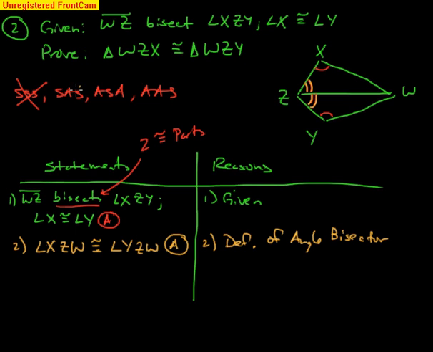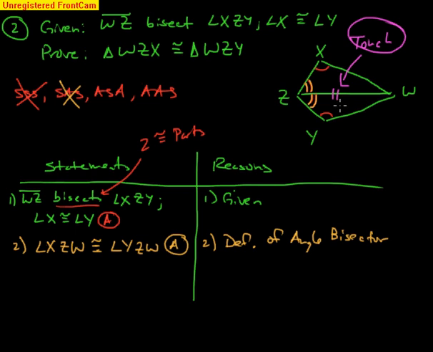So we throw side angle side out the window because we have two pairs of angles. So now we either need the side in between them, which would be WZ and YZ, or another side, a third side, not in between them. Well, look at the triangles. They touch.